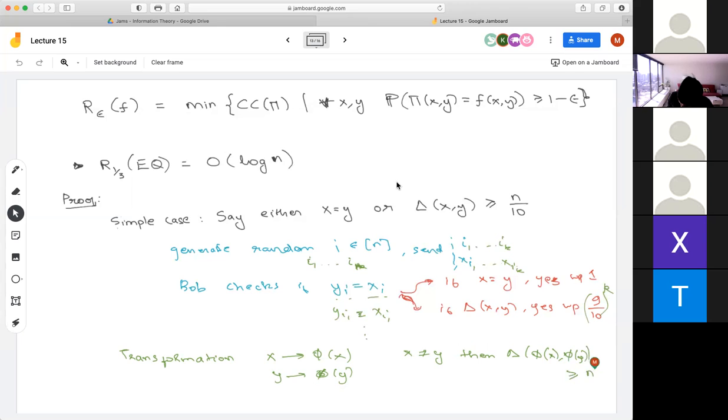Let's say the length of these is n prime. Then if x is equal to y, they're equal. What is such a transformation called?